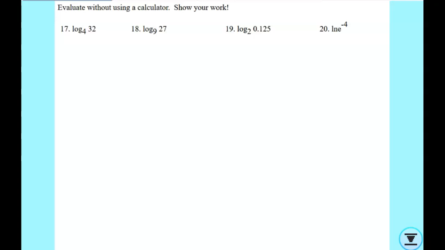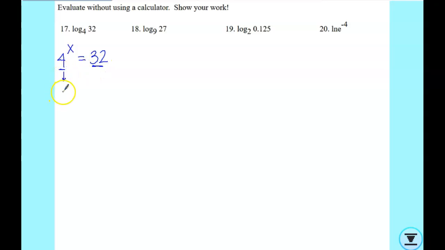Again, we're evaluating without using a calculator. So I can rewrite this one just like we've been doing. 4 to the power of x is equal to 32. I want to make sure that I can rewrite these as powers of the same base. Well, I can't take 4 to an even power and get 32, so sometimes we have to change both bases.